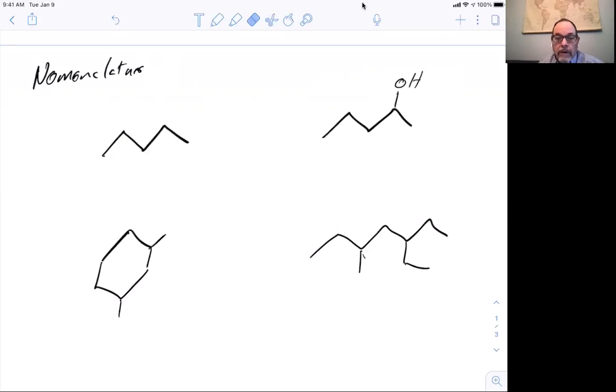Okay, so just some alkanes and one alcohol. Let's take a couple of minutes. Again, that's what we're going to do today. If you have any questions, please ask so that we can cover this. But nomenclature, let's take a couple of minutes to name these.